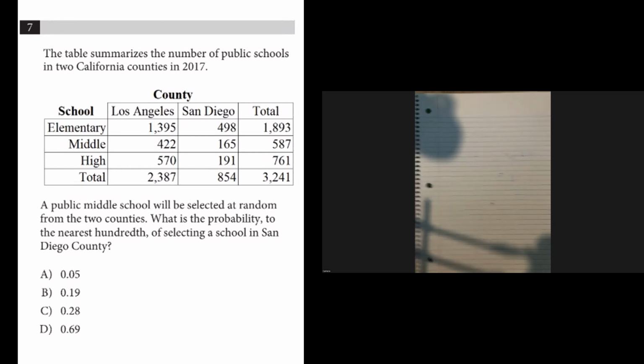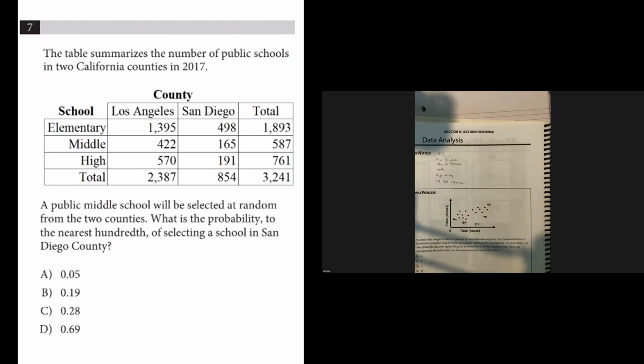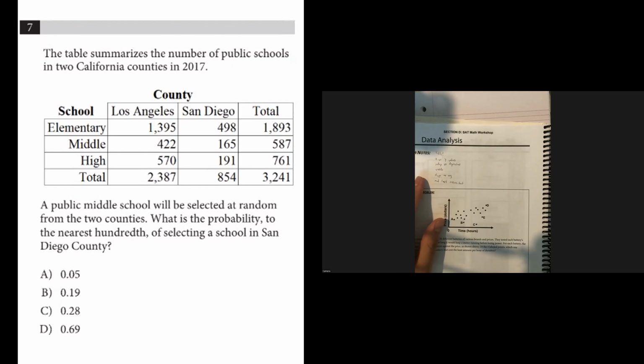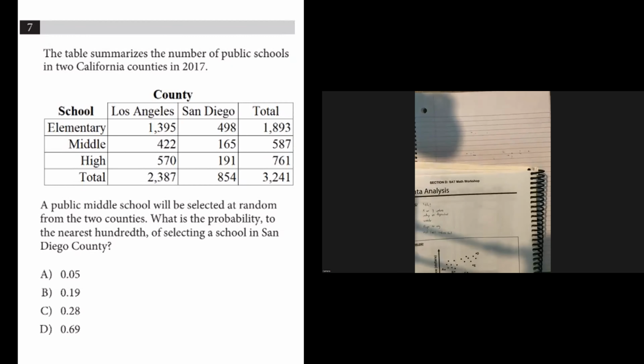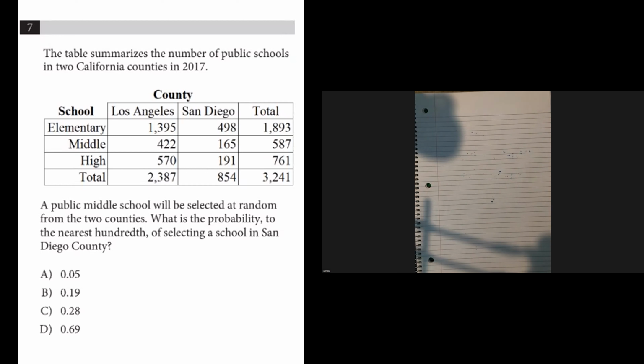With data analysis types of questions on the SAT, there's many things you want to look for. You want to look for the title. What are the X and Y values? What are the independent and dependent variables, units, and slope? And read the last sentence first, which is generally the question.